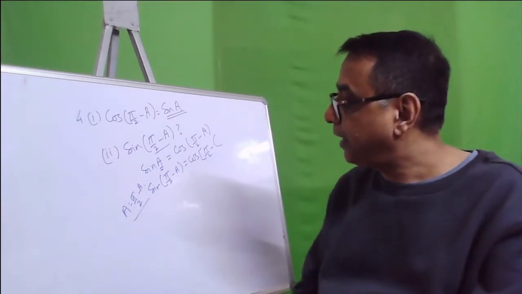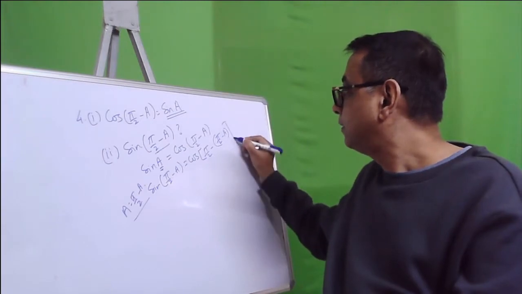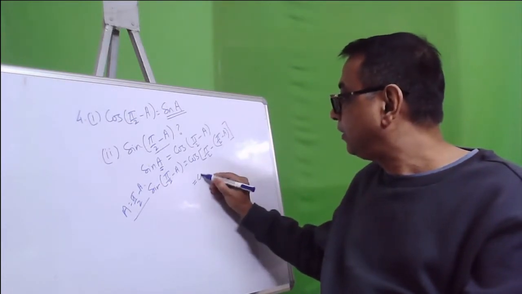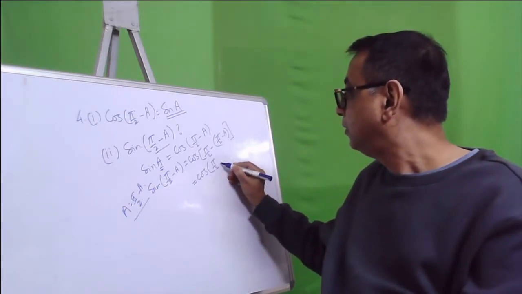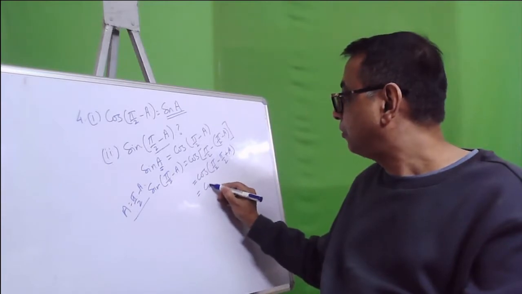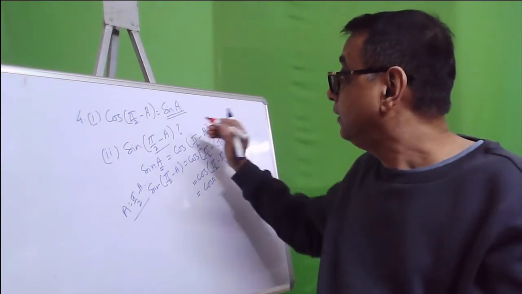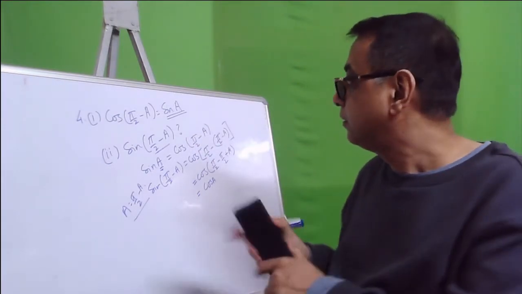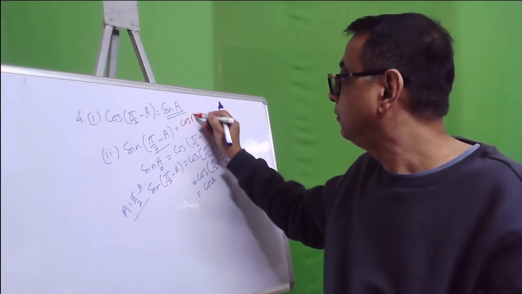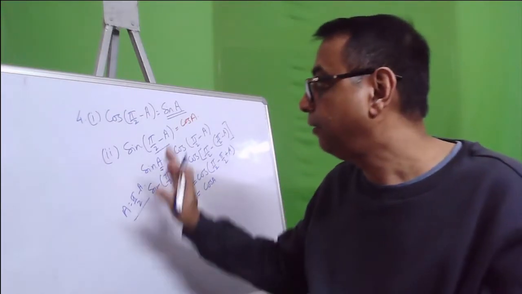We have substituted A by pi by 2 minus A. When we take out the bracket, it will become cos pi by 2 minus pi by 2 plus A. So cos A. So this one is sin pi by 2 minus A is equal to cos A. This is number 4 identity, part number 2.